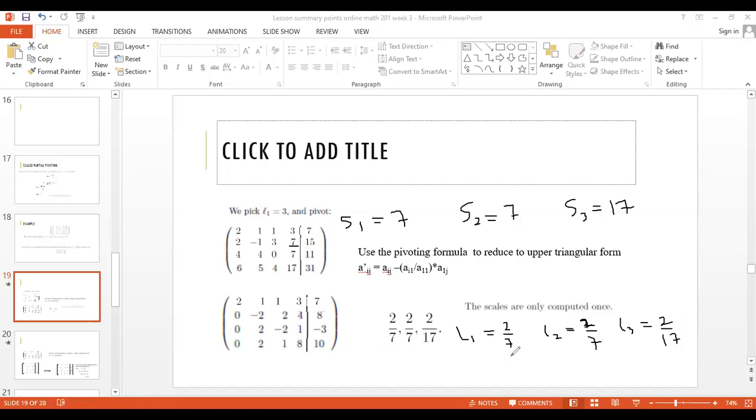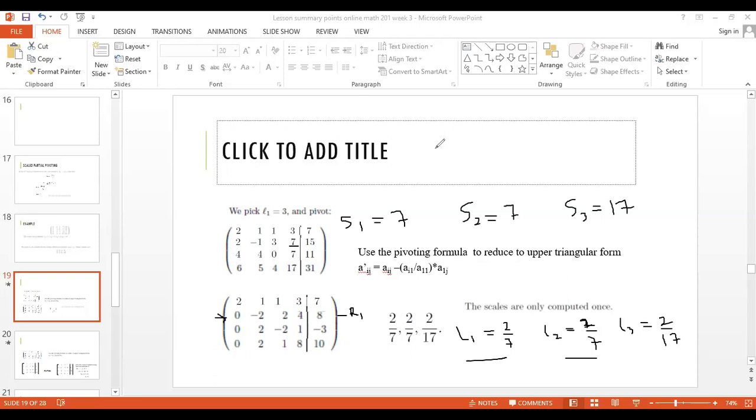The optimal value is 2 over 7, 2 over 7. They are the same. So we can either use row 1 for the next reduction, or use row 2 for the next reduction. But as it looks, once row 1 is already on top, we will just make use of row 1.